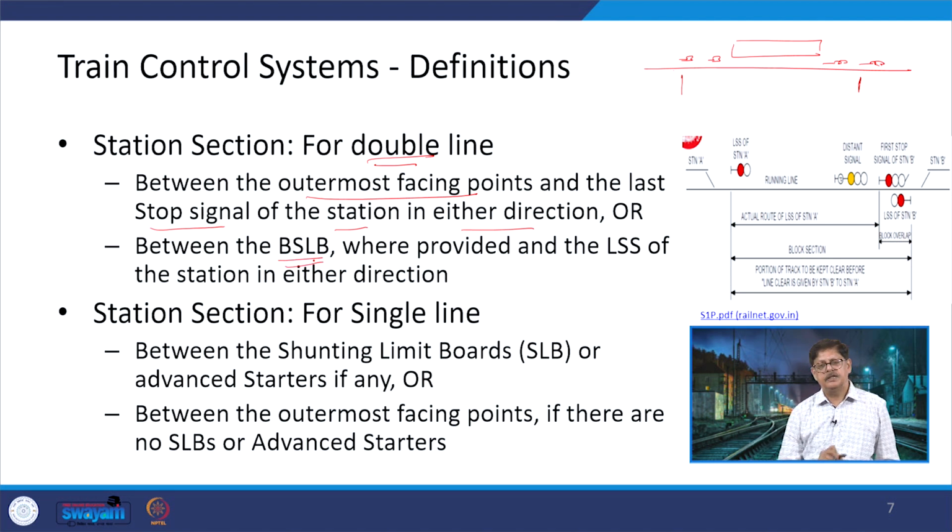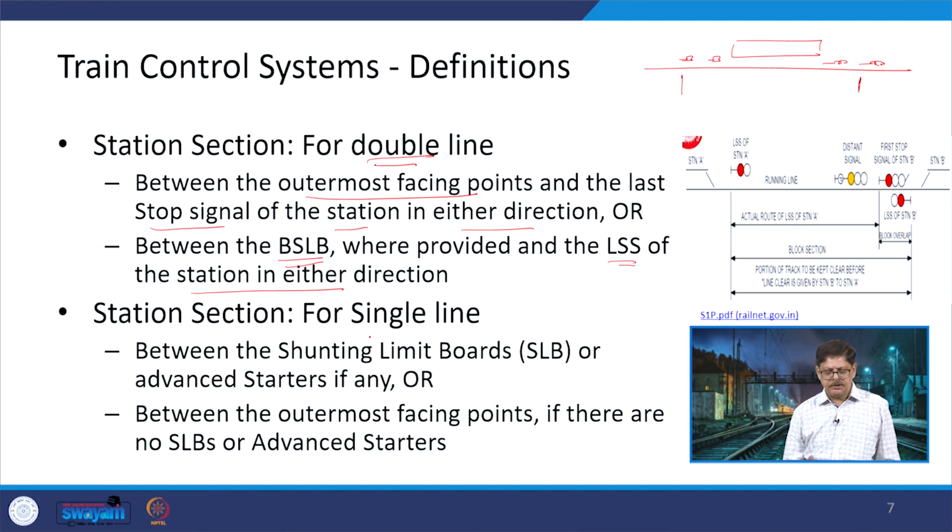Or it is between the BLSB. So, what is BLSB? This is a type of board, the limit. So, what was that if you remember? The abbreviated form was the block section limit board. Now, when these are being provided and the LSS of the section in either direction, in that case this can be the distance and can be used as a station section if double lines are provided.